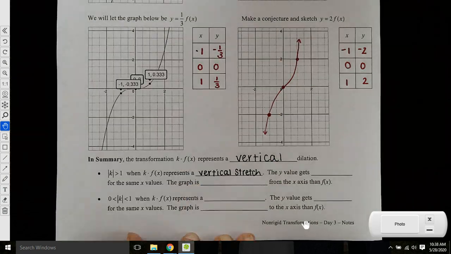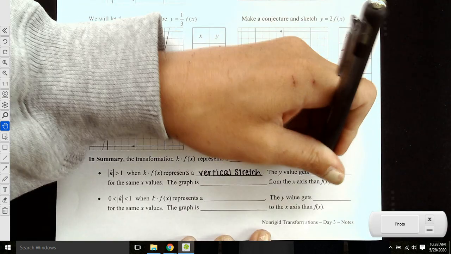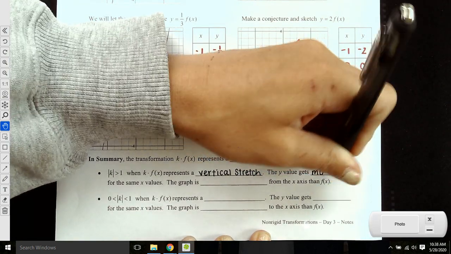In this situation, the y value gets multiplied by k for the same x values.